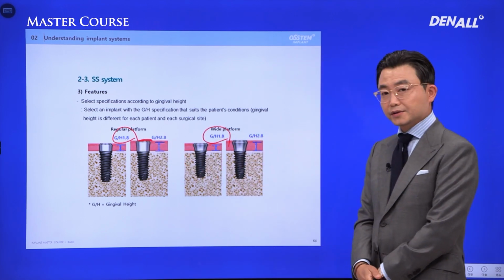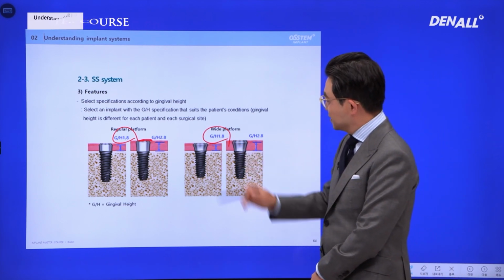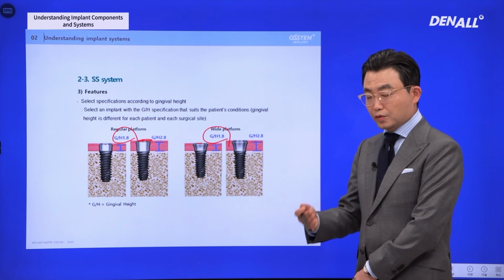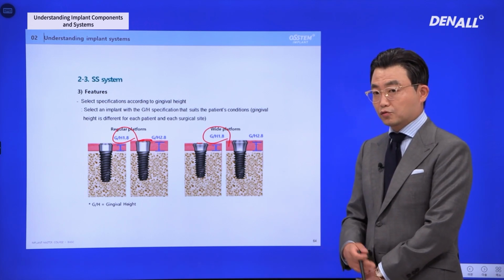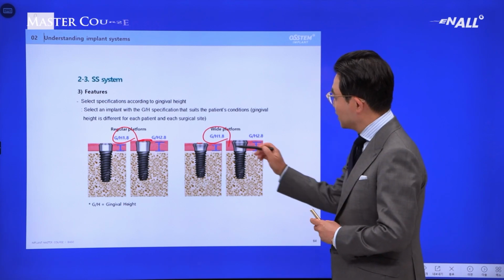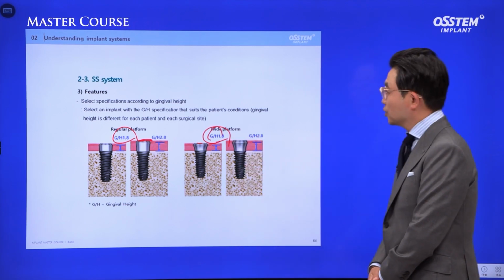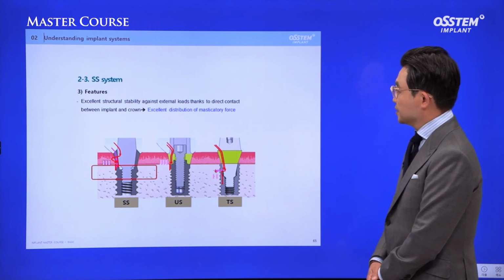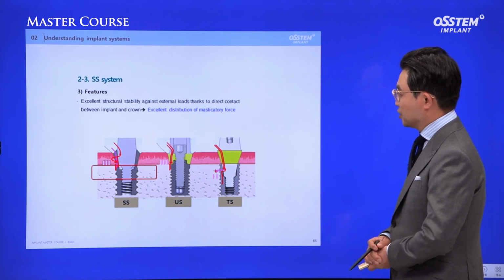So sometimes the margin could be at a sub level, but recently patients, even in the posterior area, want aesthetics, and to minimize the black triangle, I opt for more 1.8 rather than 2.8. So I think the strength of the SS system is that connection stability is the biggest advantage.